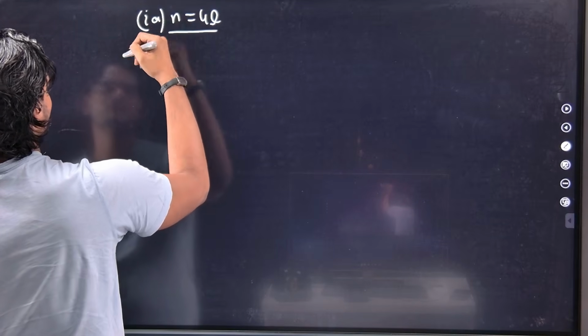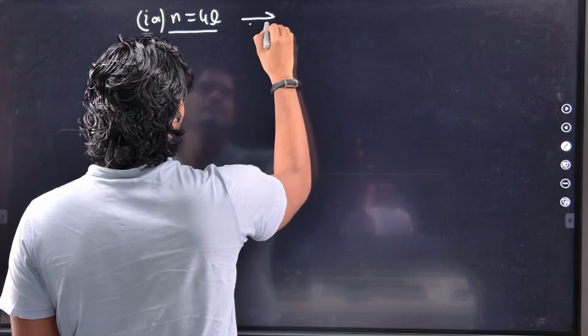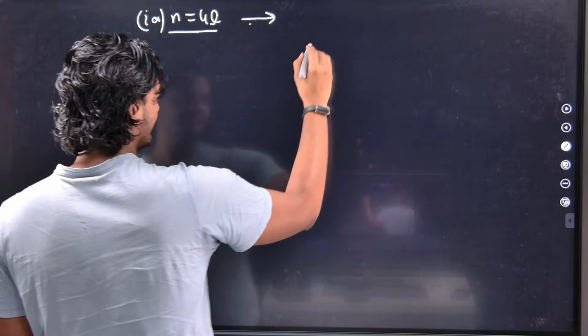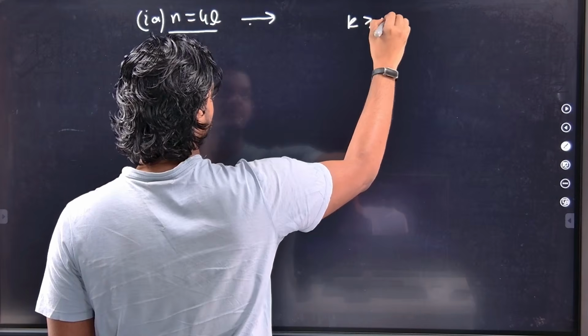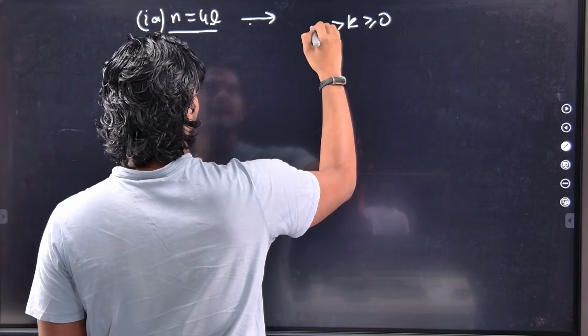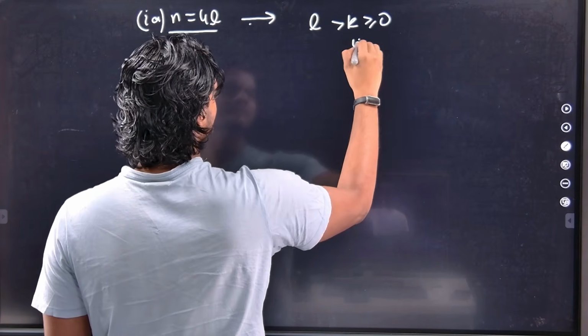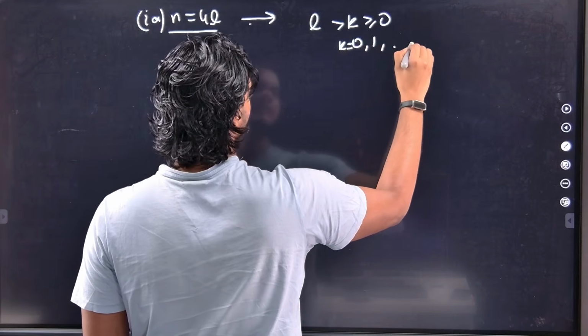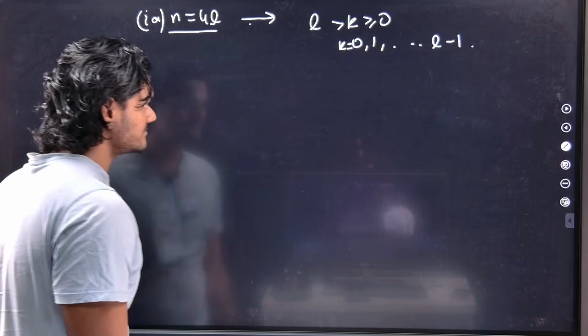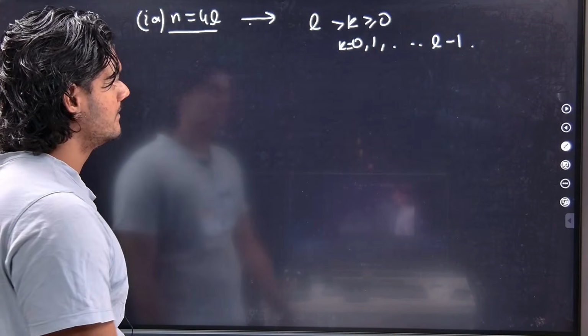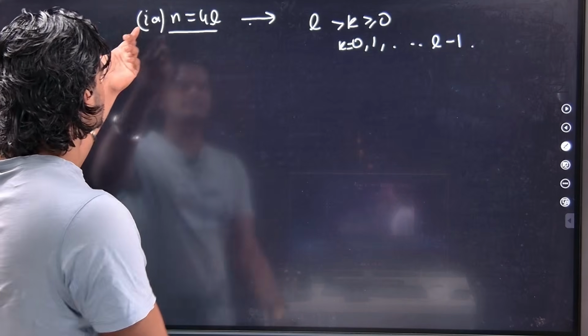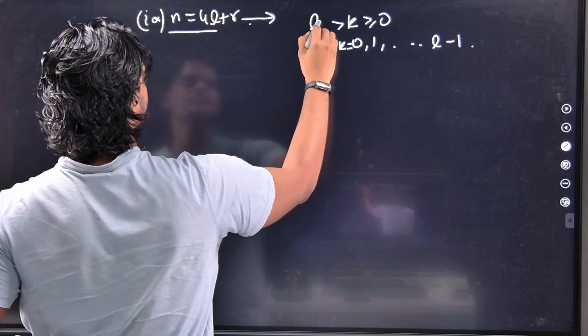Case 1a, I think. You'll have k greater than or equal to 0, strictly less than l. So k will be 0, 1 till l minus 1, right? And it would be nothing different even if you had plus r.